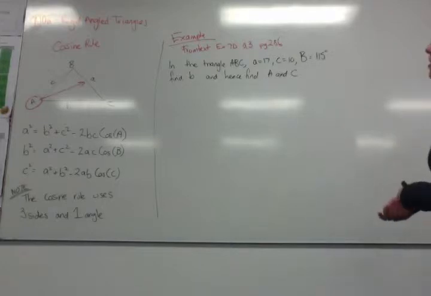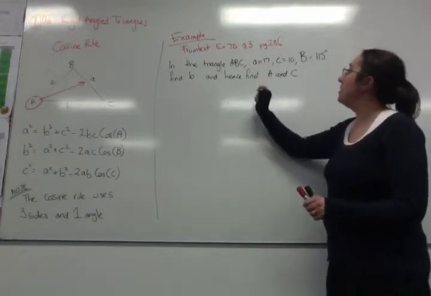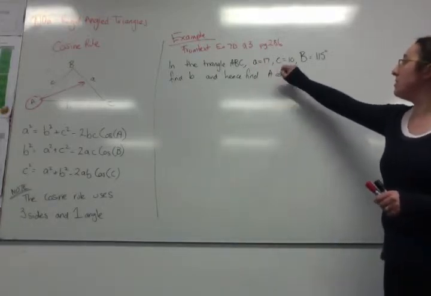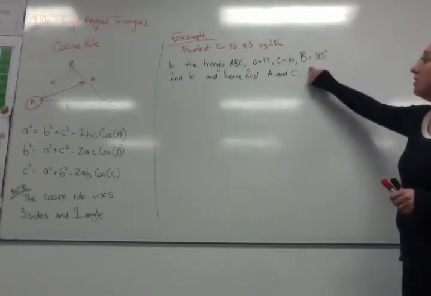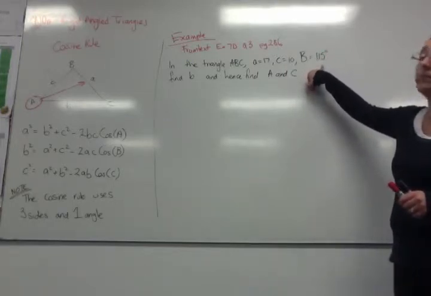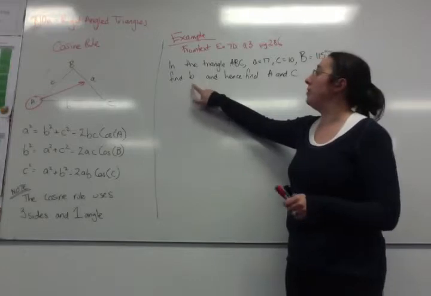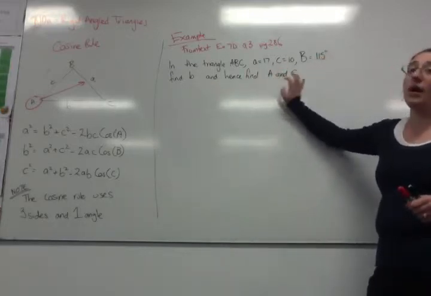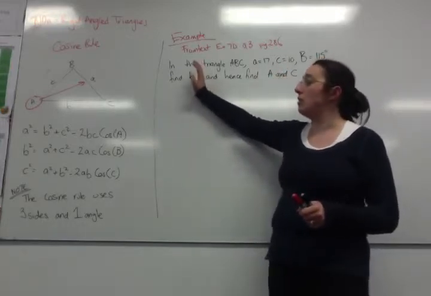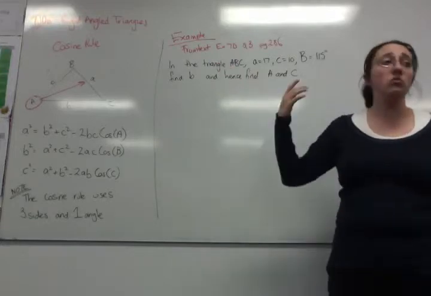Alright, so you want to find the angle ABC, where a is equal to 17, c is equal to 10, and b is equal to 115. Then find the angle B. Before worrying about A and C, we'll just focus on the first bit there. So draw up your triangle, see what it looks like.